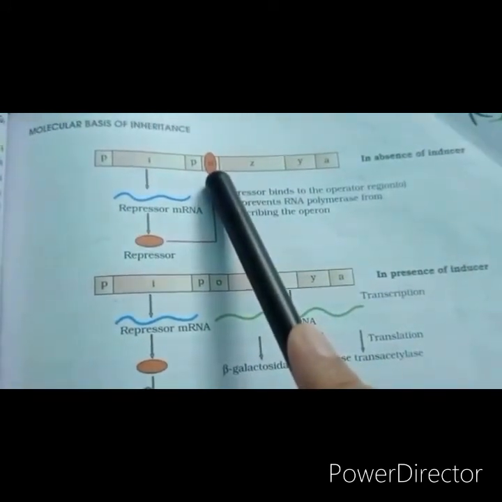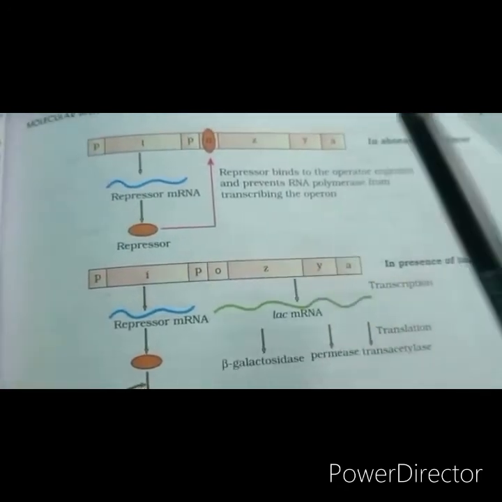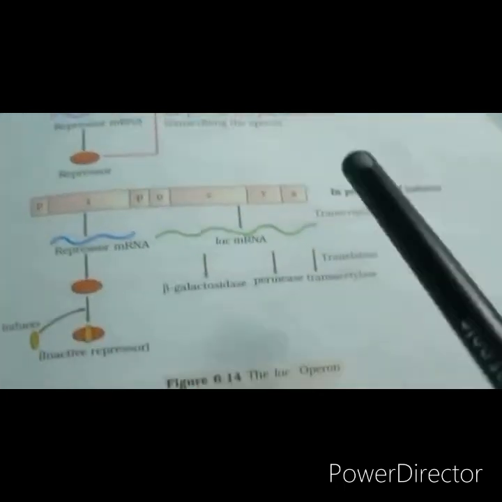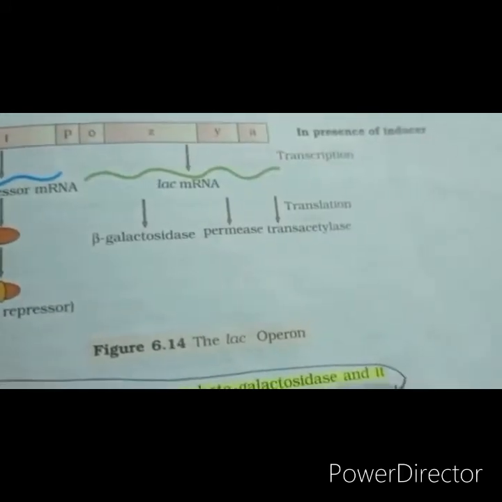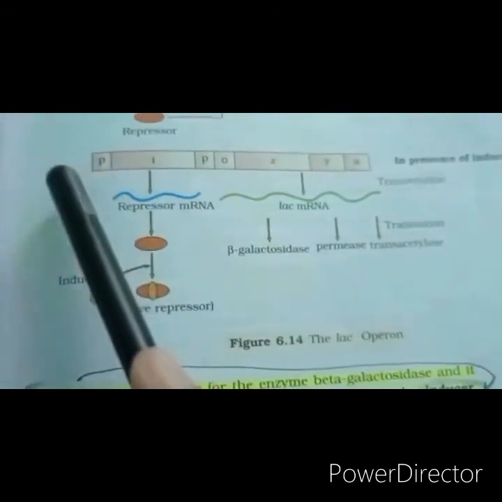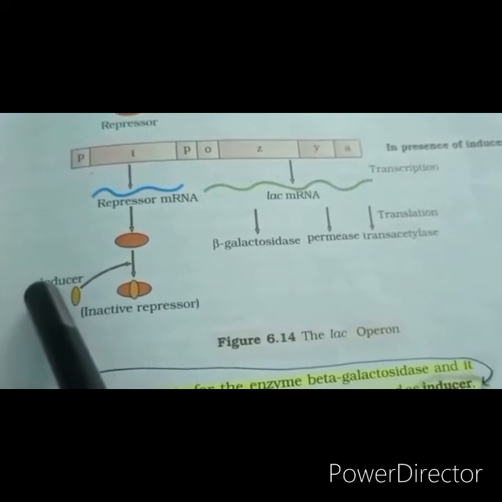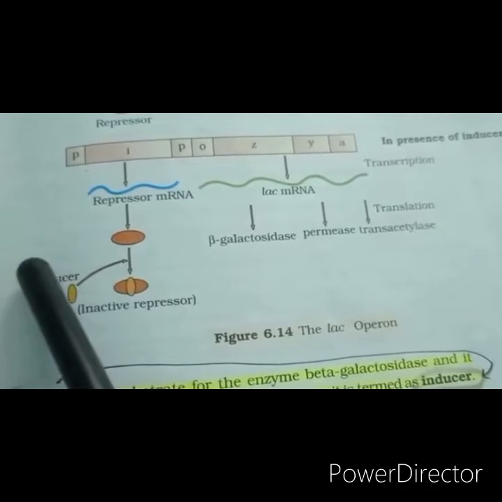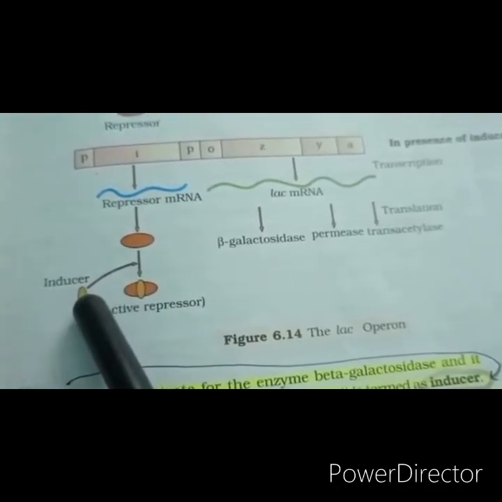So in this case our lac operon operates in the absence of inducer, or we can say in the absence of lactose. Now let's come to what happens when there is the presence of inducer. In the presence of an inducer, whenever lactose is present outside the membrane of the bacteria, then the lactose is going to be diffused into the cell with the help of the permease.